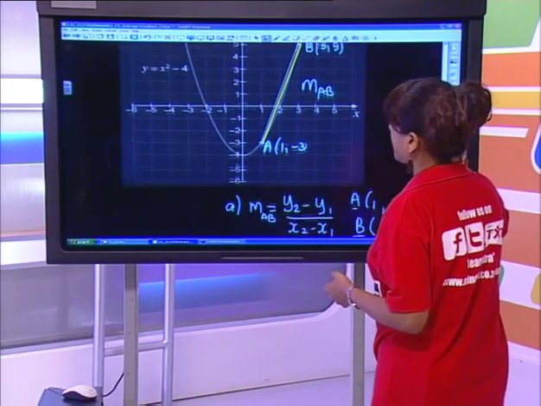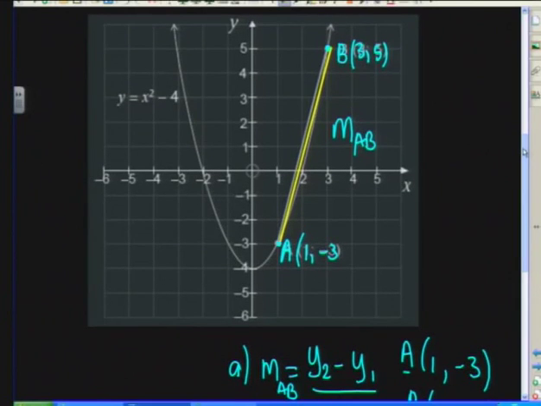So if we look at our graph, let's look at what's happening. If you look at this part, all the way from here up until the turning point, which is on the y-axis at (0; minus 4), all that way, as your x values are going up, so as they're increasing, as they're getting more positive, look at what's happening to your y values.